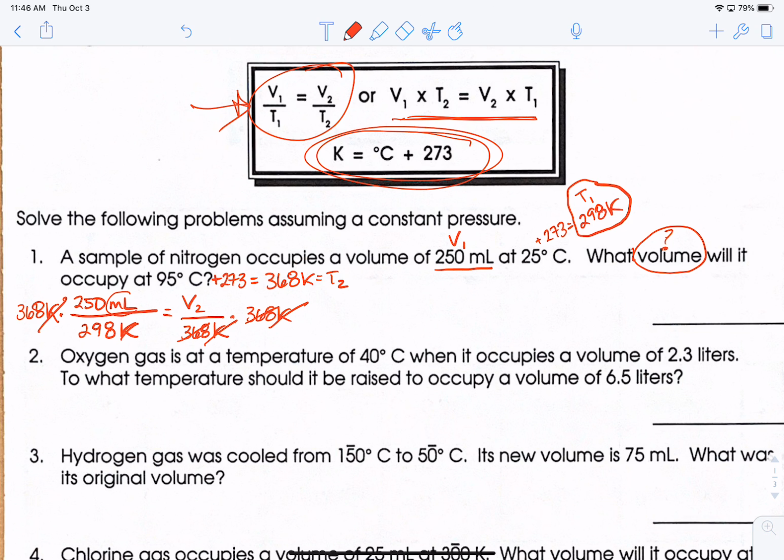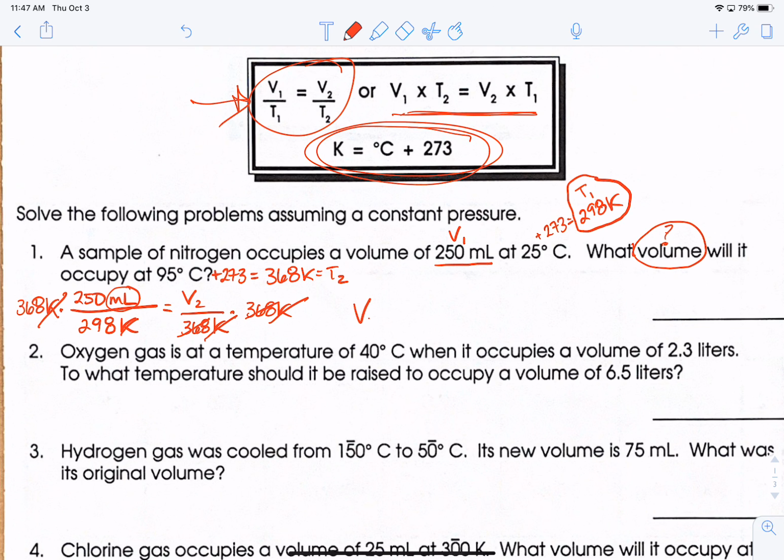I'm left in units of milliliters. Milliliters are a unit of volume, so I'm on the right track. So on my calculator, I would say 368 times 250 divided by 298, and that's going to give me a volume of 308.724, on and on and on.